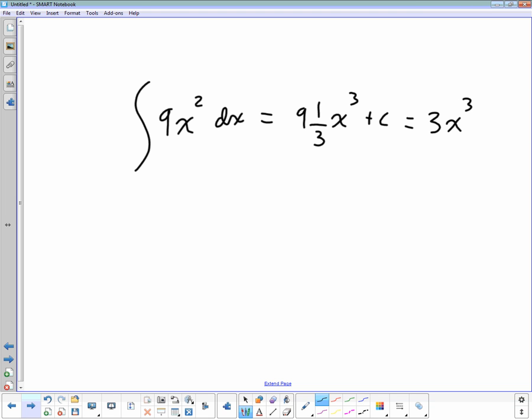So it is safe to say that you can just put the reciprocal of the exponent plus 1 in front, but that's not saying that it's your last step. There's probably some simplification algebra involved somewhere.